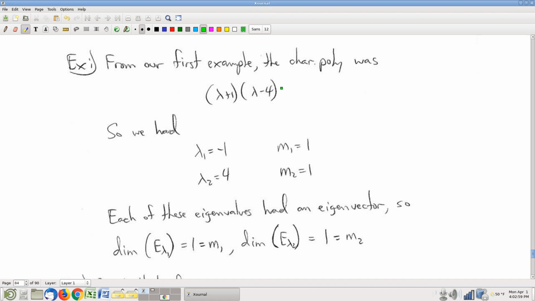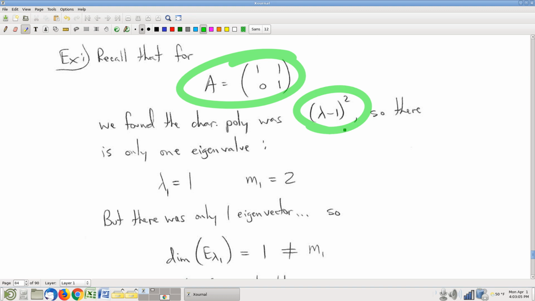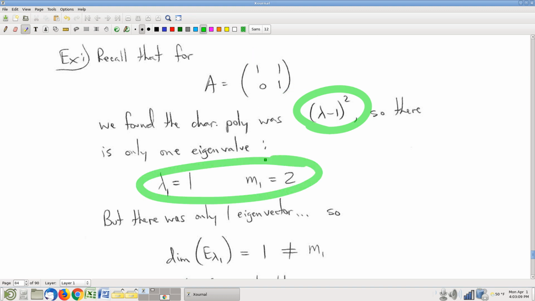Okay. Here's another example. We've studied this matrix previously. There's the characteristic polynomial. That characteristic polynomial has this eigenvalue and this multiplicity for that eigenvalue. That means that for that eigenvalue, we'd better find two eigenvectors if we want this to be diagonalizable. And we didn't. We found one eigenvector.